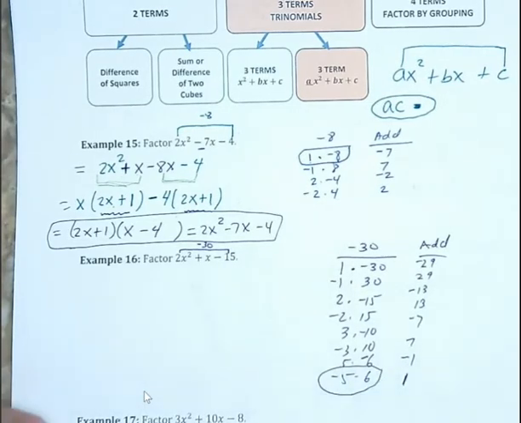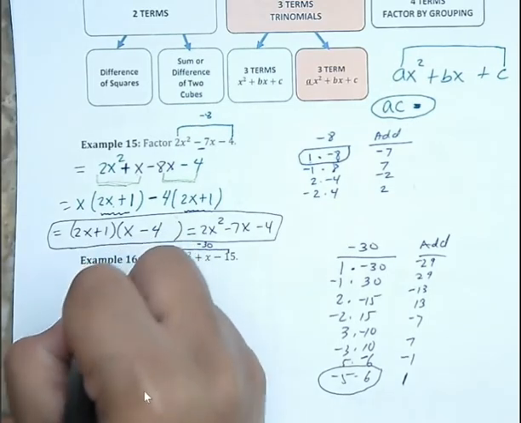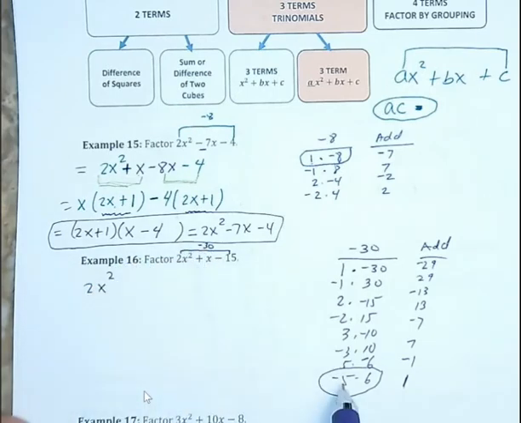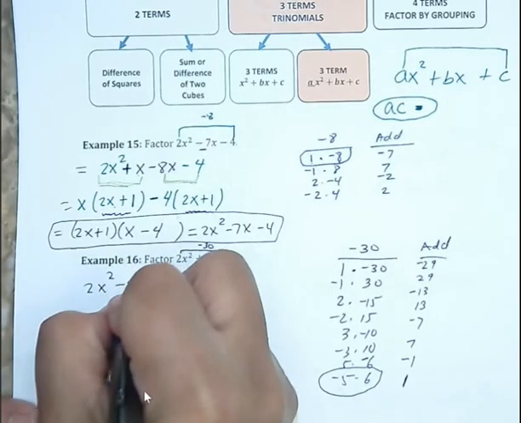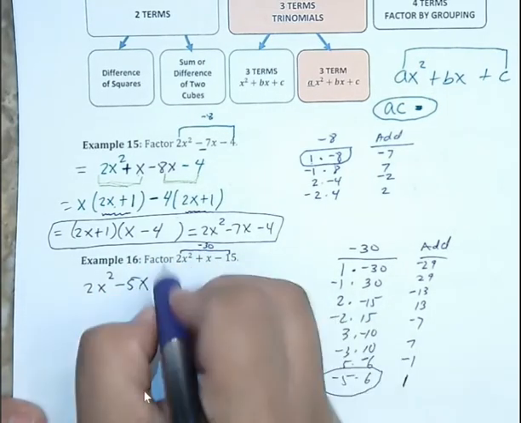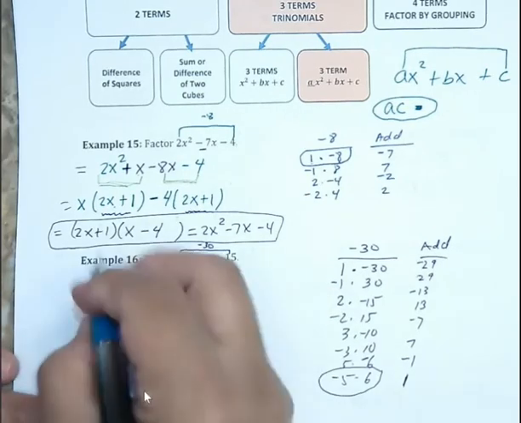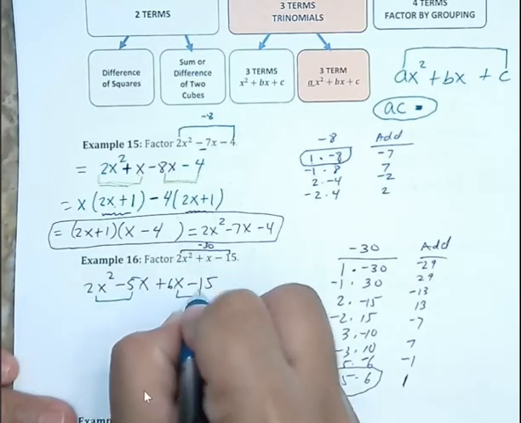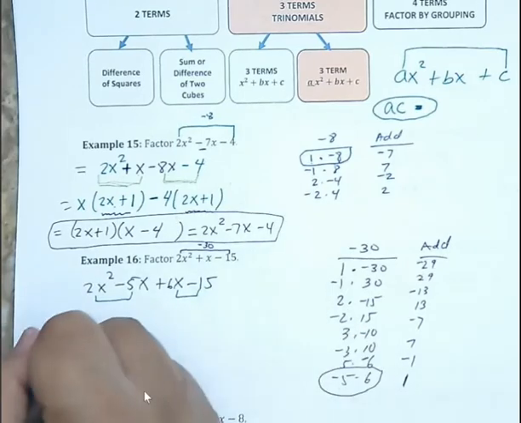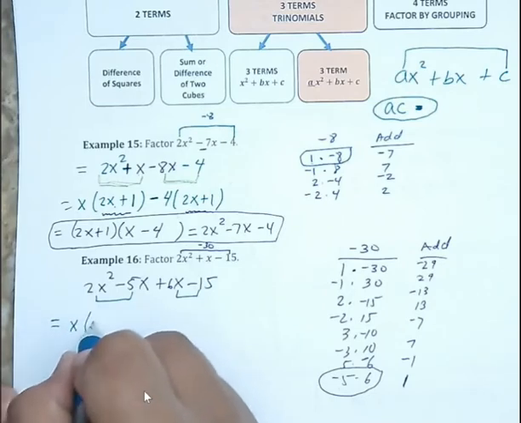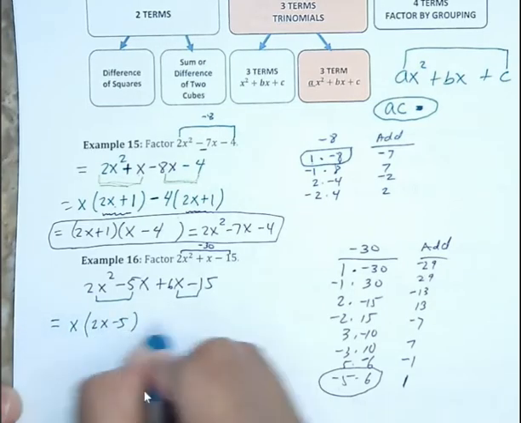So when I write my polynomial, instead of this positive x, we're going to replace it with a minus 5x and a positive 6x. And then we have minus 15. Now we can group these two terms and these two terms. The common factor here is an x, so we're left with 2x minus 5.